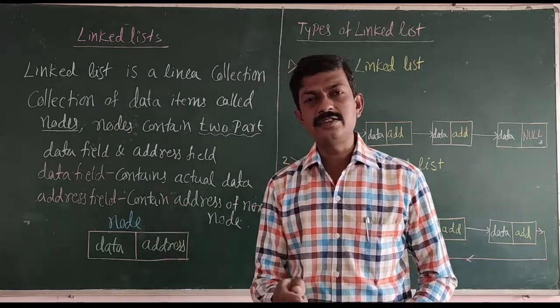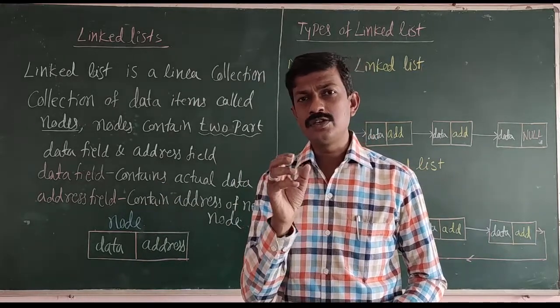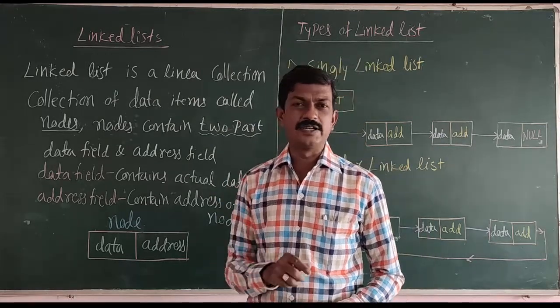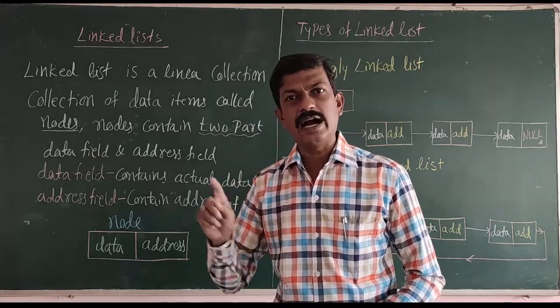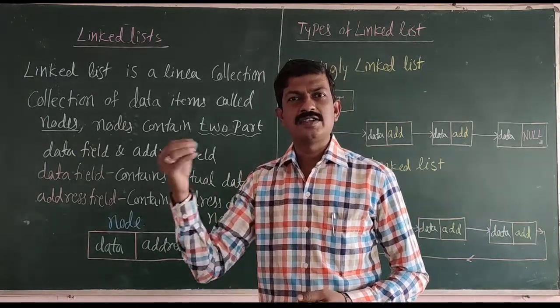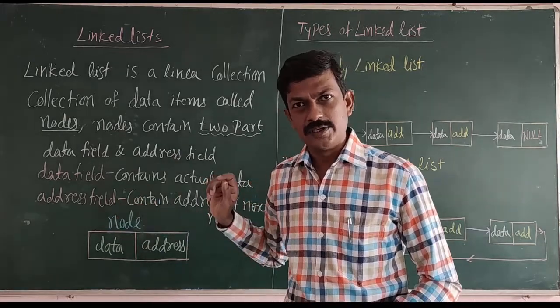The data field contains the actual data item, meaning what we want to store in that data structure. The next one is the address field. The address field contains the address of the next node, meaning the next element is accessed with the help of this address field.